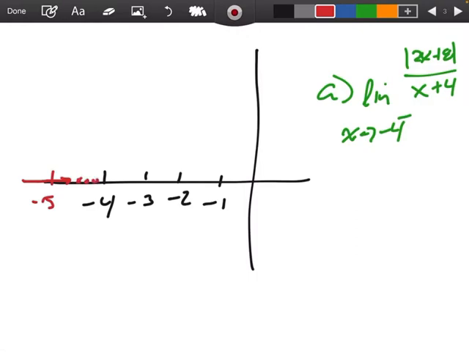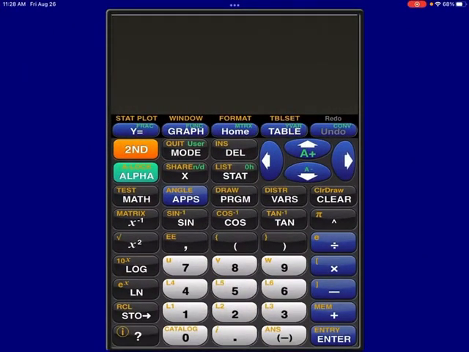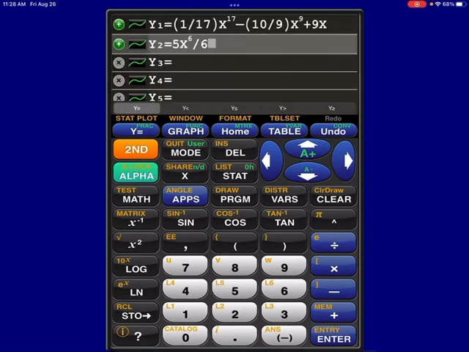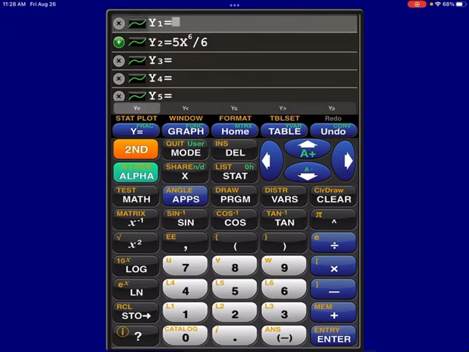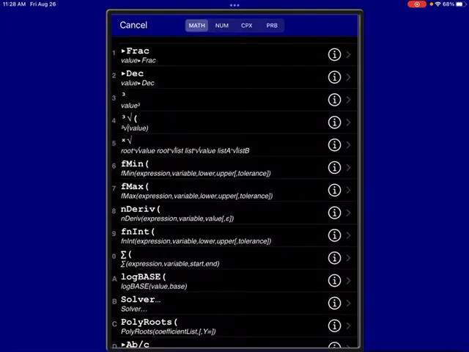So let me show you how I'm going to do this. I'm going to grab my calculator app, which is this one right here, okay? Y'all, this works the same way, like I said, like the TI-84 or whatever. So I have some functions here from before. Let me clear those out. Okay, so I want to do my absolute value. If I go to my math button, there should be an absolute value.